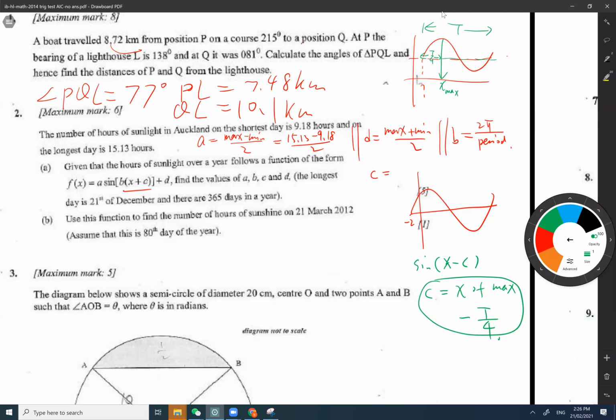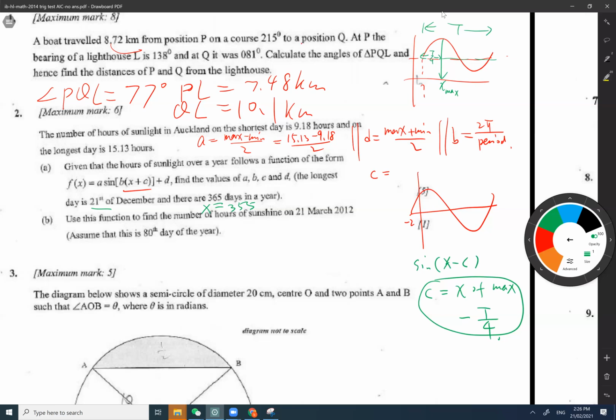So this 21, that will be the 365 how many day, minus 10. So 355, right? For the longest one, x equals 355. Do we have the period?